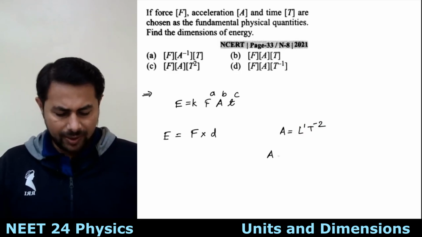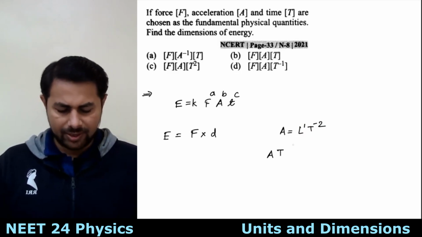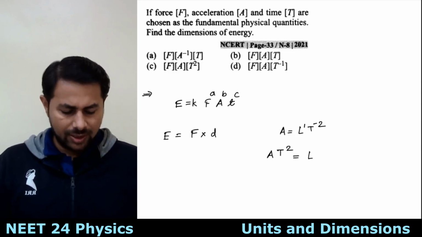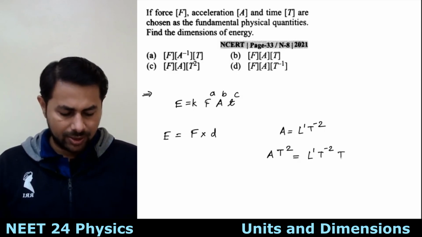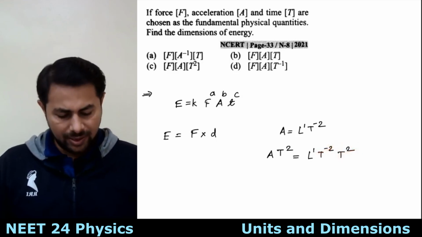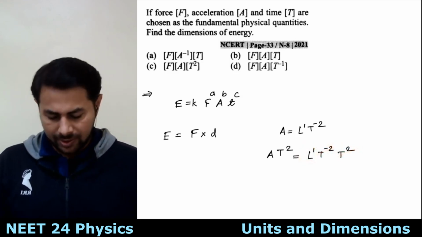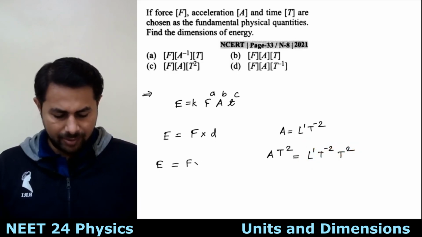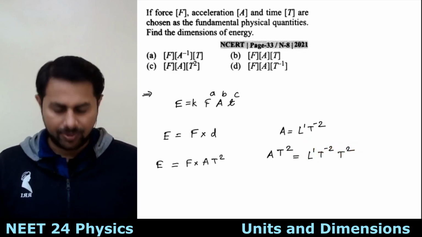If we multiply A times T raised to 2, they are writing it as capital T only, then its dimensions will be equal to L1 T to the power minus 2 T to the power plus 2. So this thing gets cancelled, right? And we get L raised to 1. That's what we wanted. So energy becomes F multiplied by A T to the power 2.